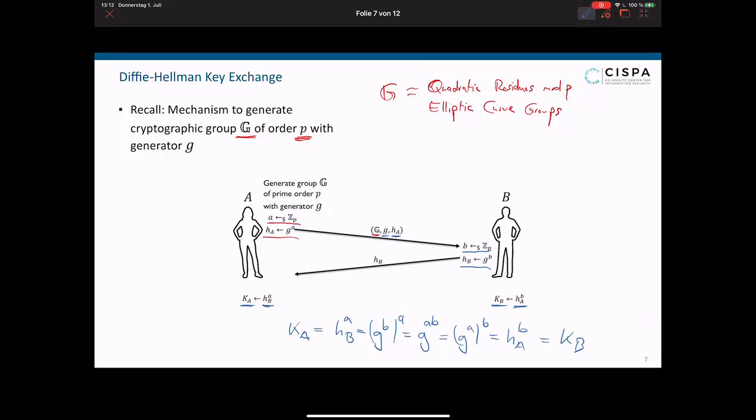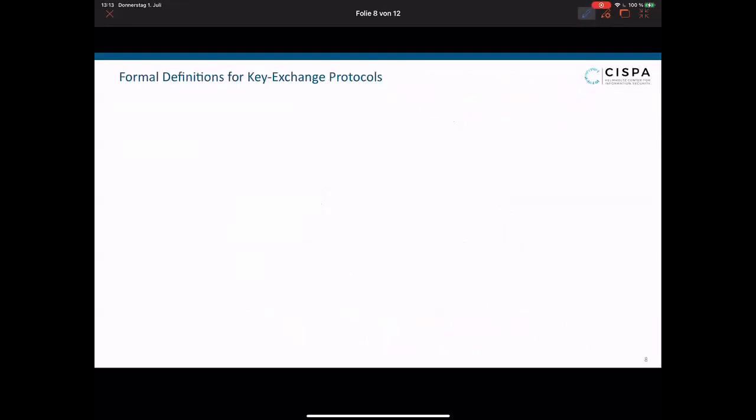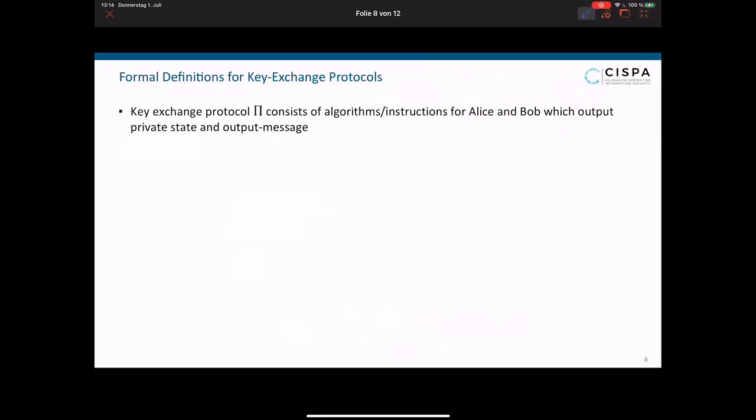But good, so now we have Diffie-Hellman key exchange. Now I've shown you I've done something in reverse order. I've first shown you the protocol, and only now will I define what a key exchange protocol formally is, right?